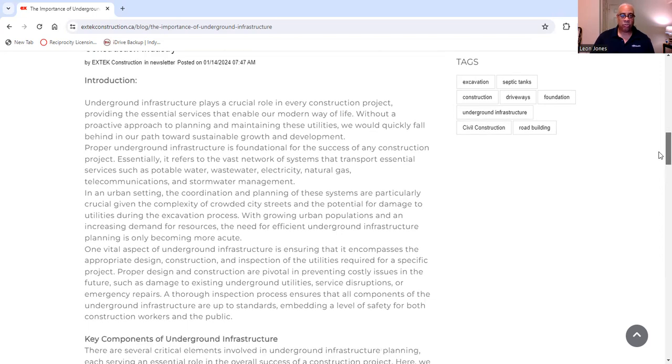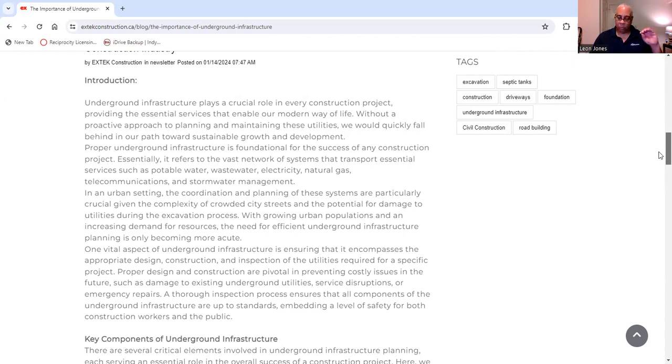In an urban setting, the coordination and planning of these systems are particularly crucial given the complexity of crowded city streets and the potential for damage to utilities during the excavation process. With growing urban populations, there's an increased demand for resources. The need for efficient underground infrastructure planning is only becoming more acute.